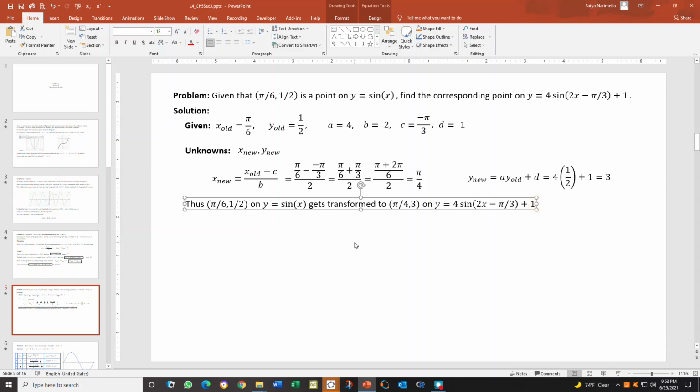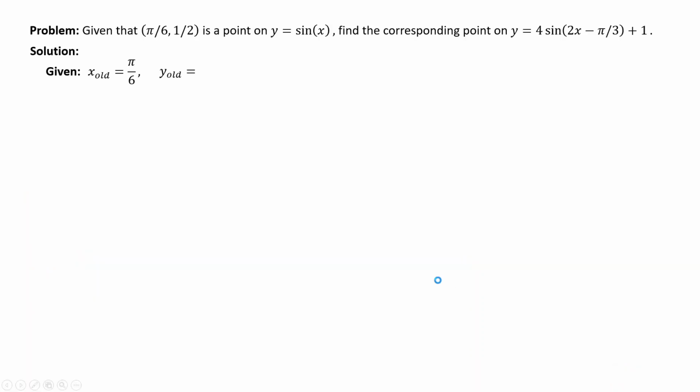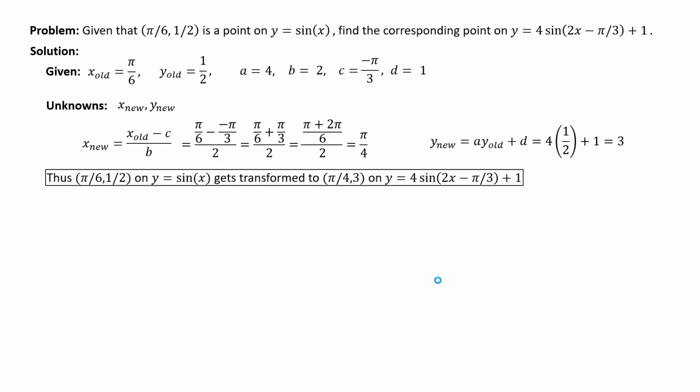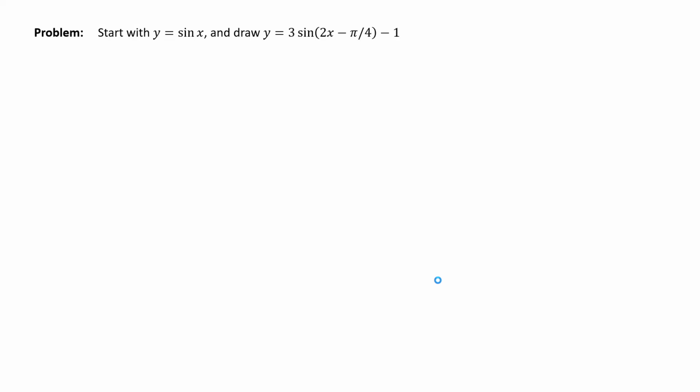Sorry about that, folks. I bet you guys never make any mistakes. Ta-da. Okay, 4 times sine of 2x minus pi/3, plus 1. Cool? All right. What else?